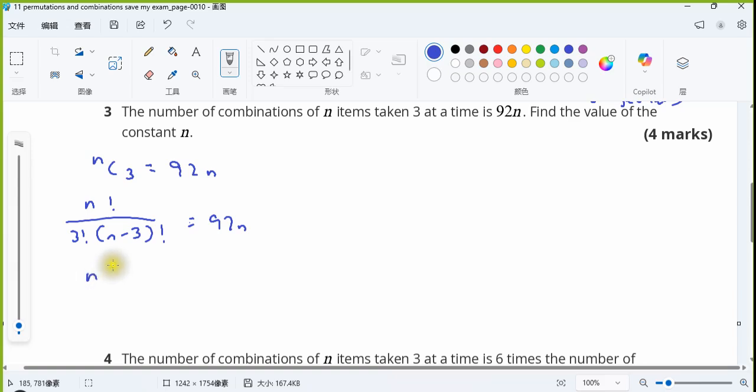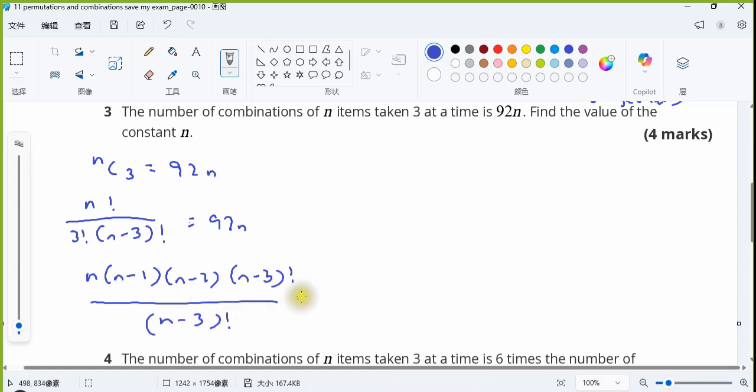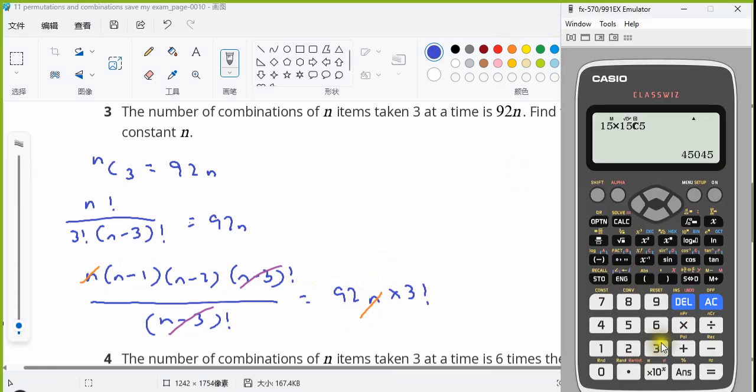So we have n times n minus 1 times n minus 2 times n minus 3 factorial over n minus 3 factorial is 92n times 3 factorial. So this can be cancelled, and then the n and n here can be cancelled. Okay, because n not equal to 0, so I can just cancel. So 92 times 3 factorial is 552.